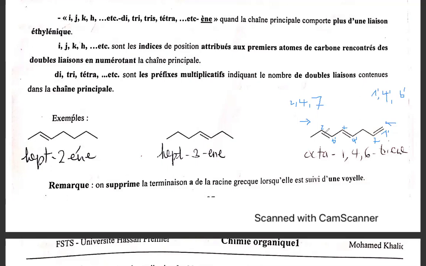So the lowest indices possible are these ones, because 2 is greater than 1, 4 is the same as 4, and 7 is greater than 6. So rule number 3 is we are supposed to have the lowest indices possible, and the lowest are these: 1, 4, and 6. This is the position of the double liaison in this triene.